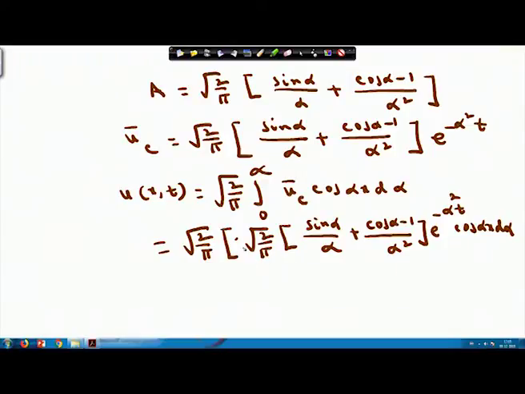Sorry, one thing I missed, this is from 0 to infinity, the integration from 0 to infinity.